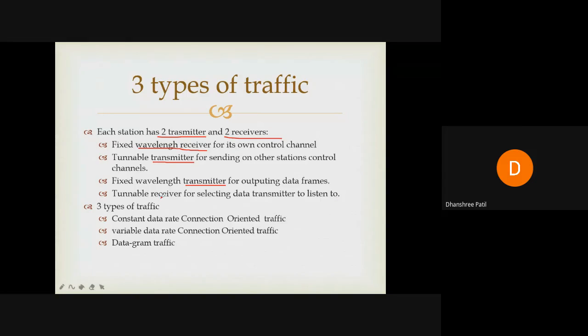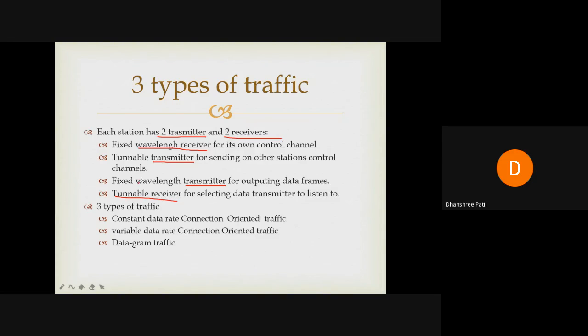Okay, also to receive, a tunable receiver for selecting the data transmitter to listen, means from which station the data is coming, so that is received by this tunable receiver. In this way each station will have two transmitters and two receivers.